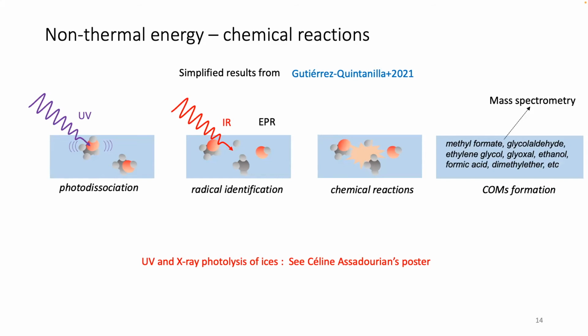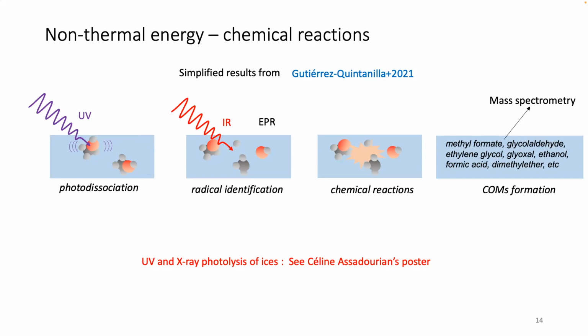So they started from methanol ice. They irradiated it with UV photons. And then they wanted to identify the radicals that were created because of this UV irradiation. To do that, they used infrared spectroscopy, but also EPR, electron paramagnetic resonance. This is quite a new technique, I think. And with that, they could identify some radicals in the ice.